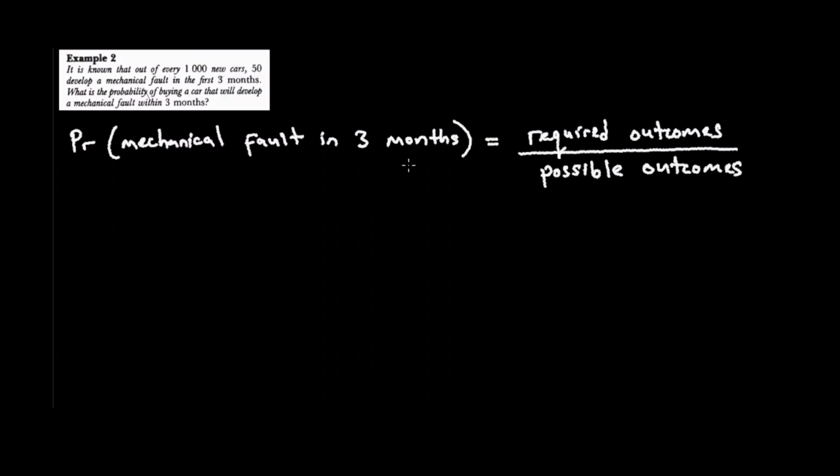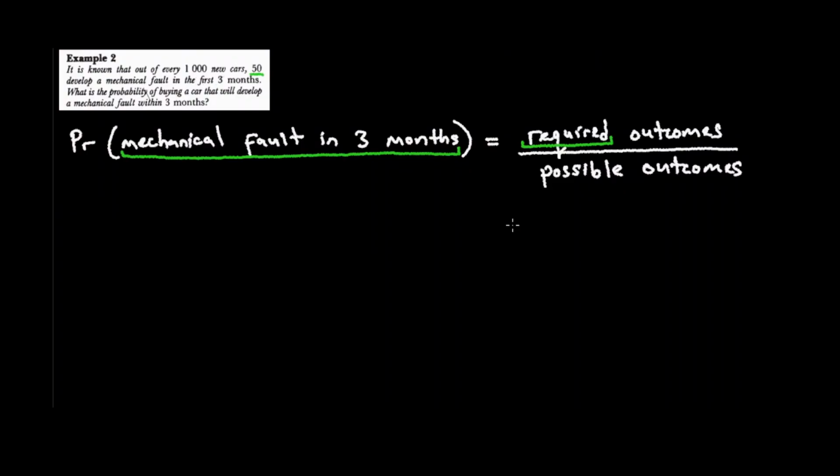When we say required outcome, we mean what is required. So what is required? We require cars that develop a mechanical fault in 3 months. Looking at our question, it is known that out of every 1,000 new cars, 50 develop a mechanical fault in 3 months.